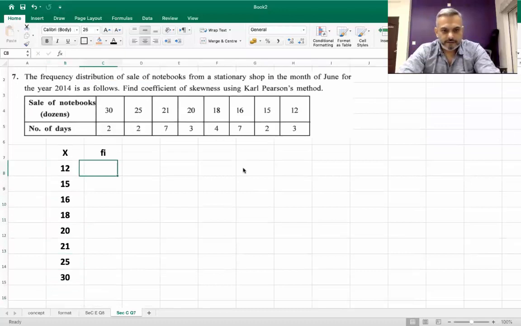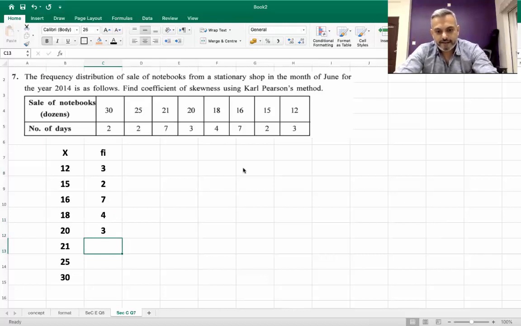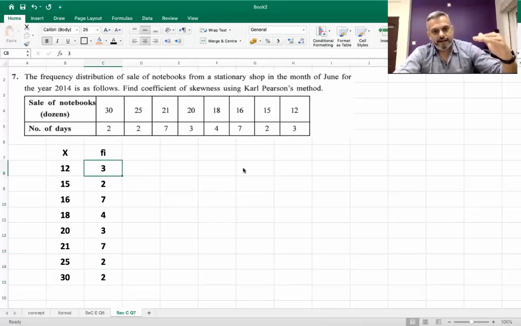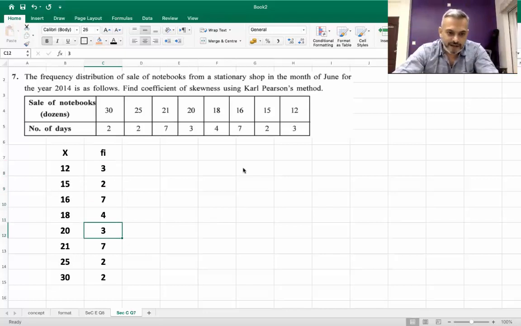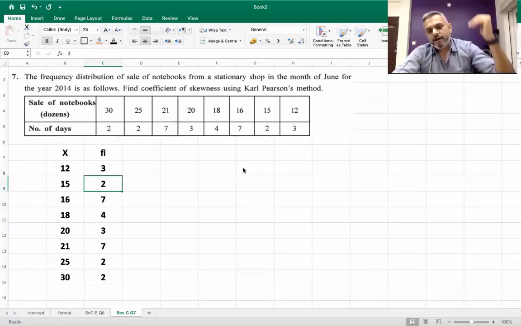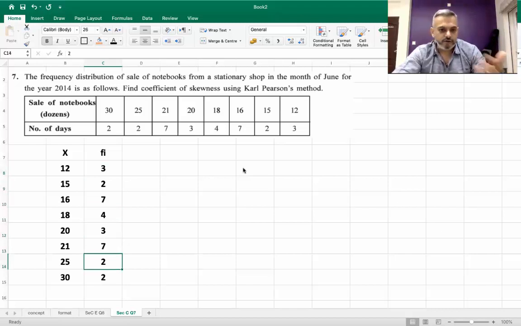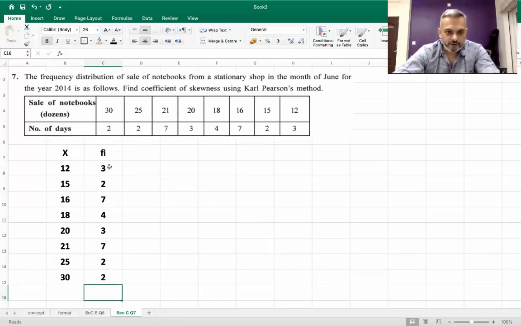Frequency: 12 has 3, then 2, then 7, then 4, then 3, then 7, then 2, then 2. Over here you can see the data is irregular, and you cannot find the mode because you can see 7 and 7 coming here twice. So let's do the total first.